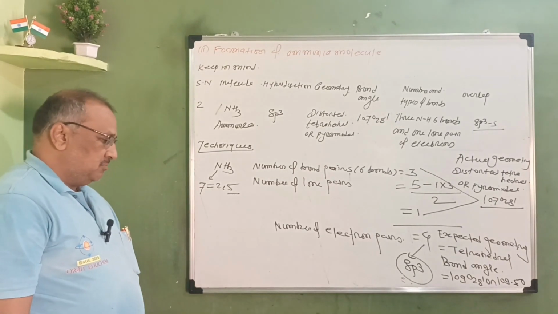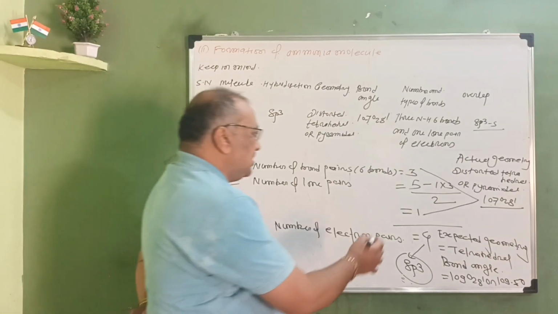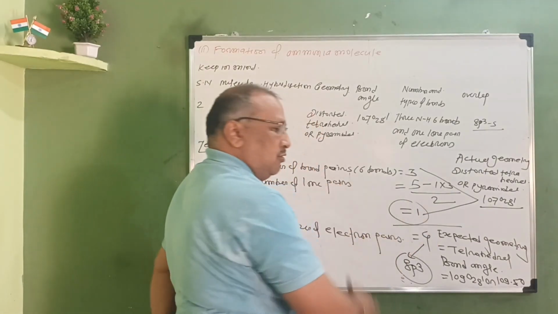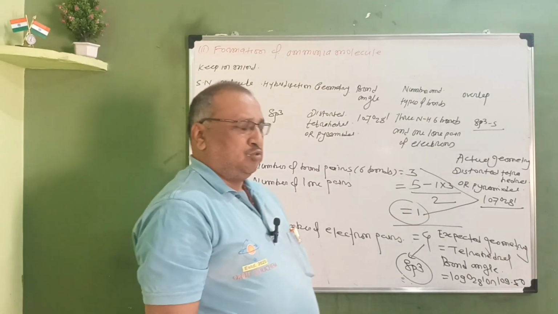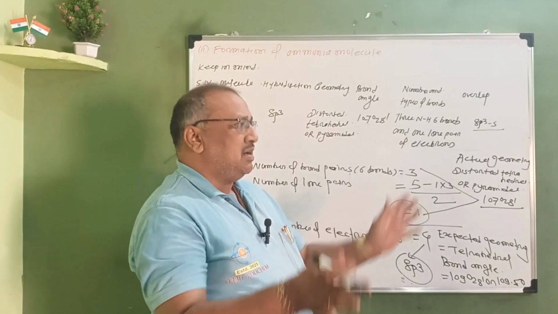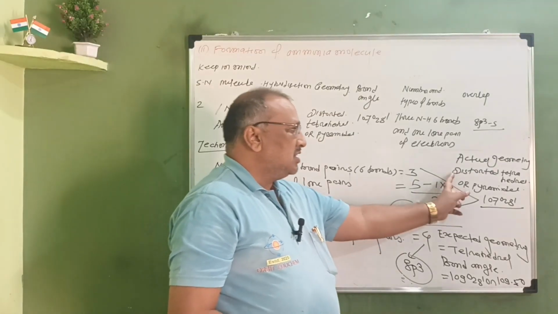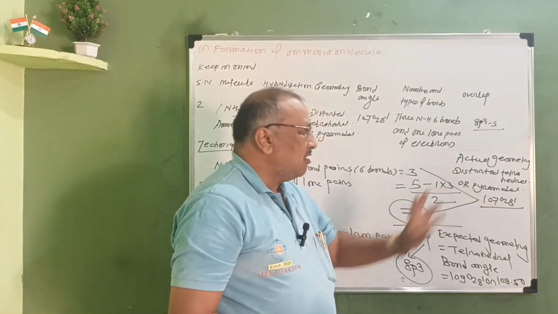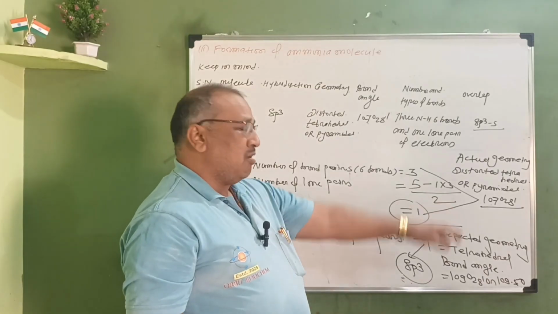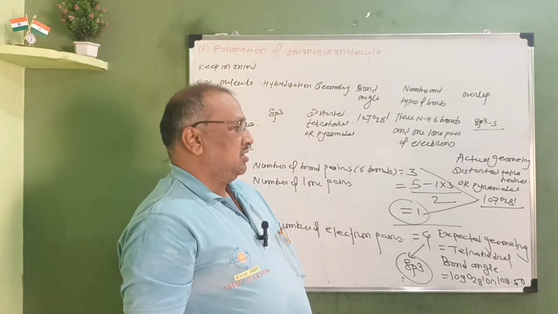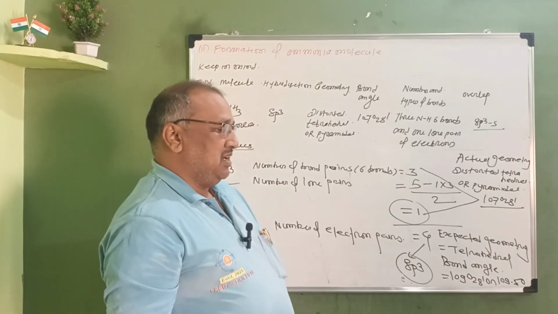But here one of the positions is occupied by a lone pair of electrons. So the geometry of the ammonia molecule is distorted tetrahedral or pyramidal with bond angle 107 degree 28 minutes.